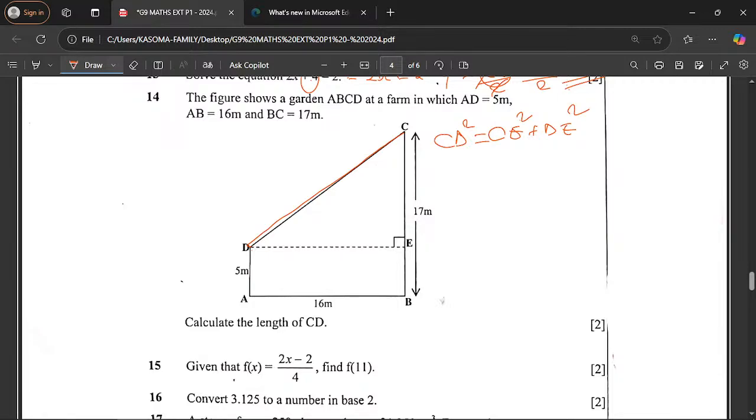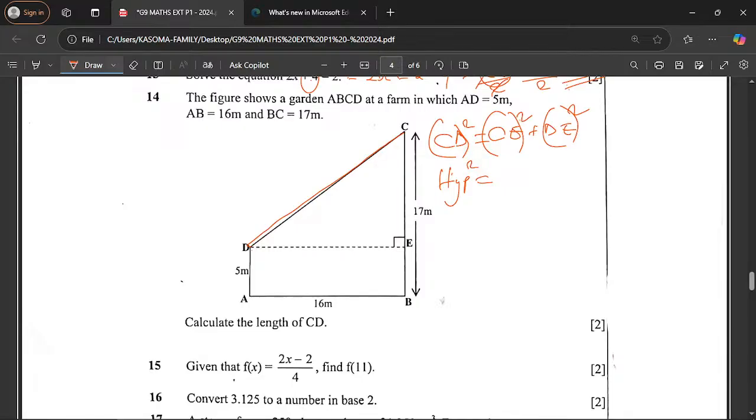What is the length of CD? We don't know. When we square, we are squaring the distance, so put them in brackets so that they don't confuse you. CD is the hypotenuse, so we call it hypotenuse squared, which is equal to CE.